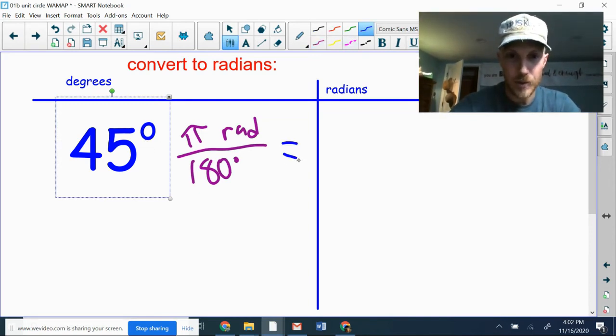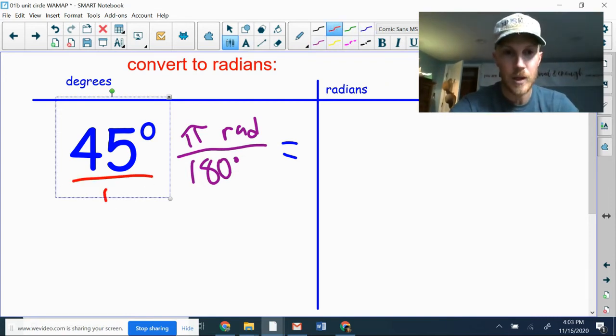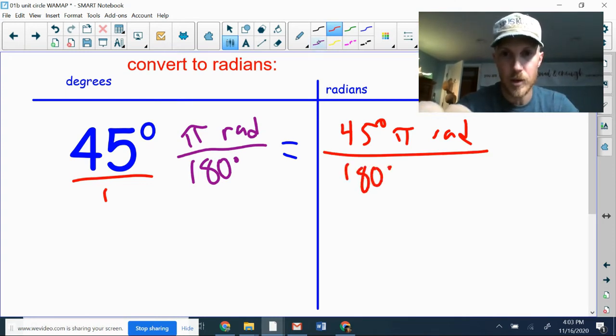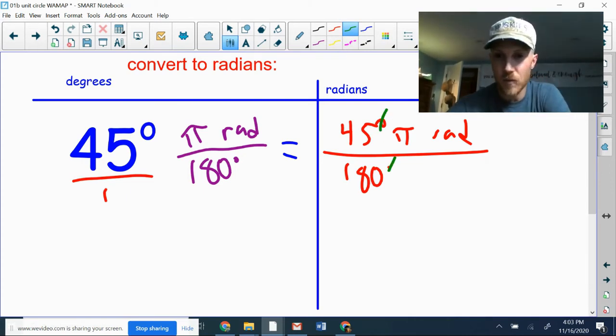All right, so then we're going to multiply straight across, top times top, bottom times bottom. So 45 degrees times pi radians, my numerator, and 180 degrees, my denominator. Let's get some units canceled. I got degrees on the top, degrees on the bottom. That cancels. 45 and 180, I can reduce that.